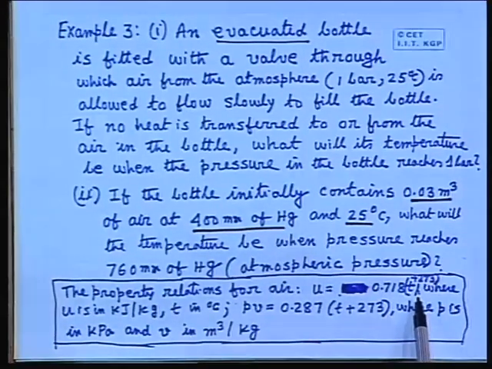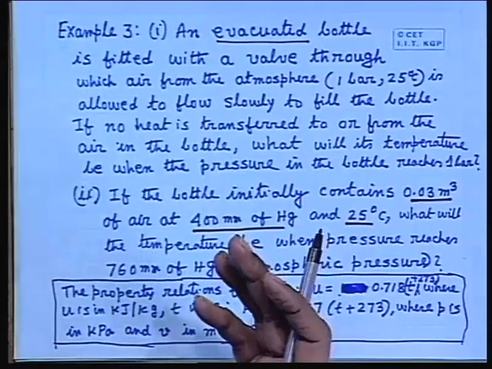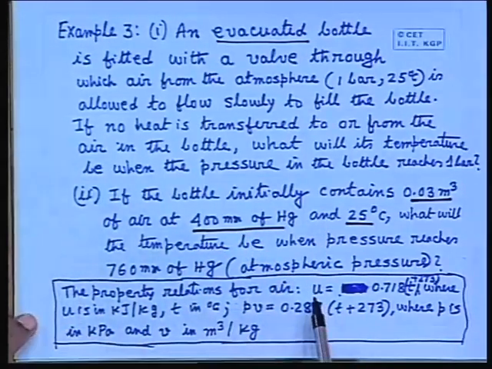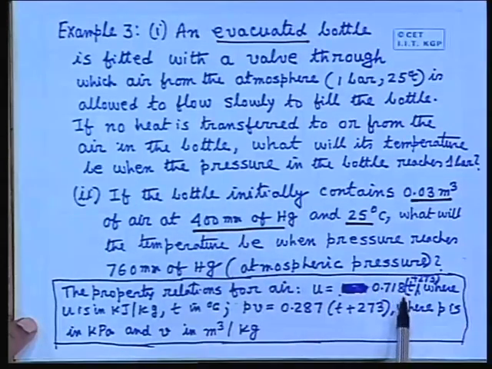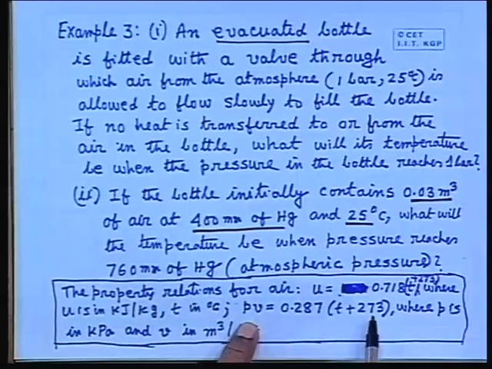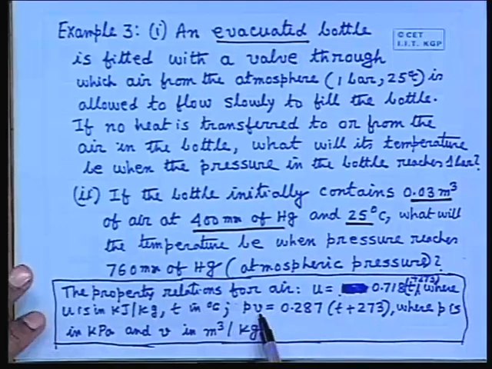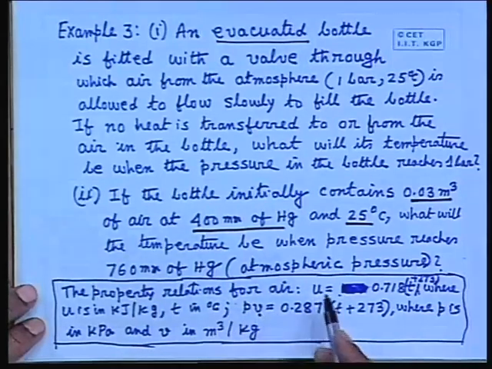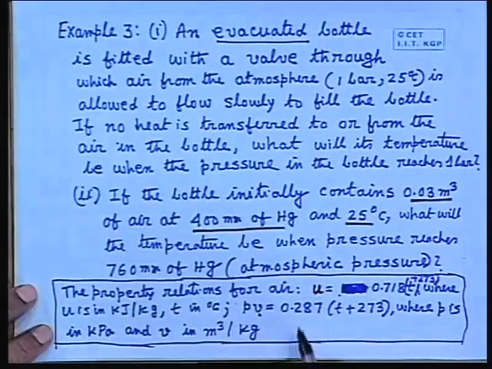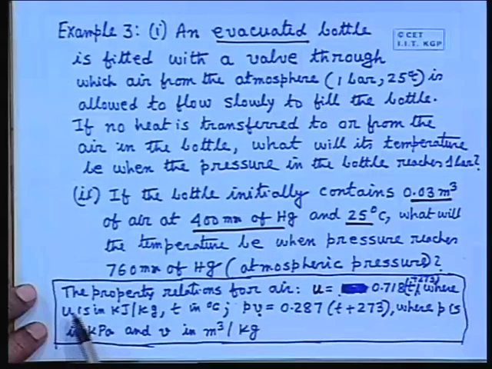When this relationship is given, a student may not know what is an ideal gas, or what Cp and Cv are. He will use this simply as a mathematical formula, that u is 0.718 into T plus 273, and PV, with specific volume v, is 0.287 into T plus 273, where u is in kilojoule per kg.